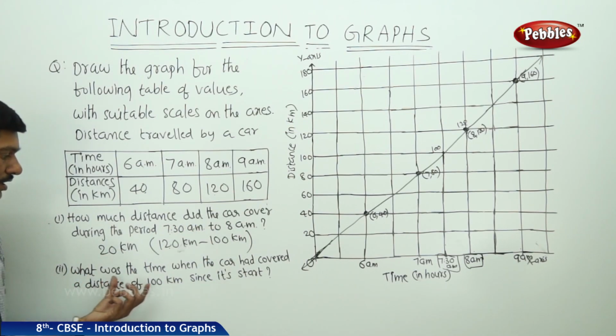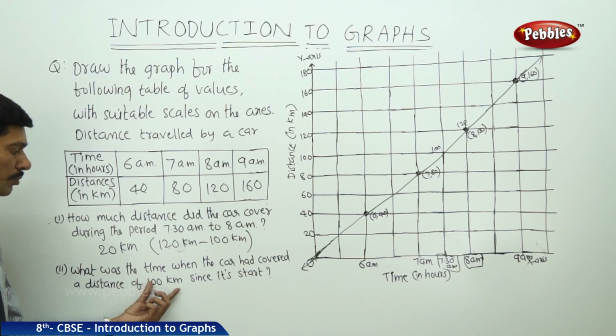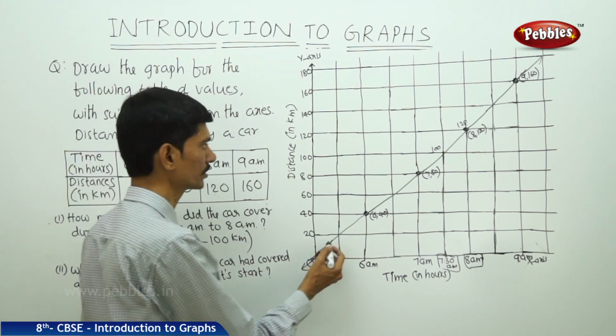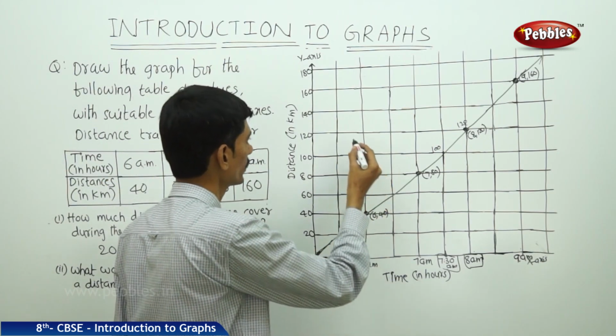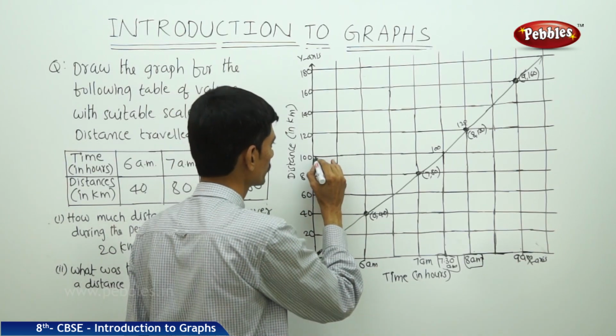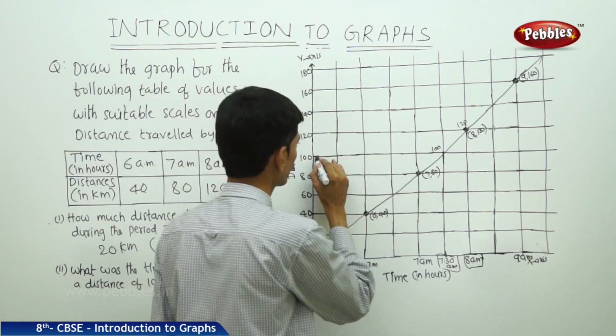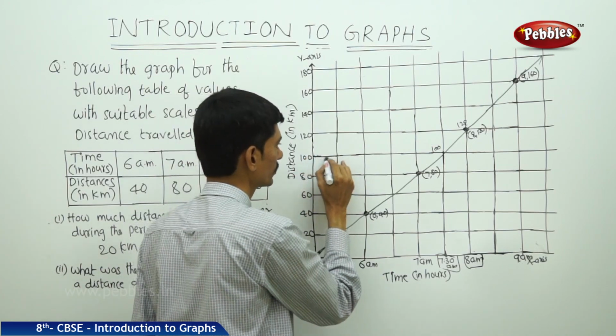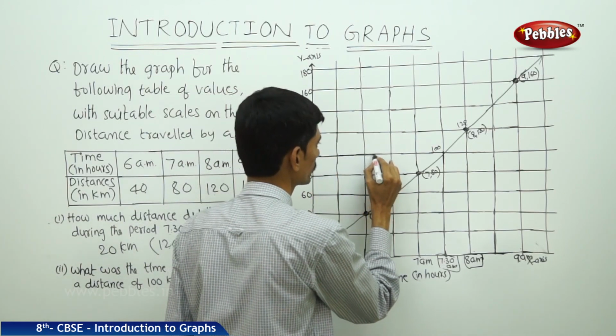Now what was the time when the car had covered a distance of 100 kilometers since its start? Where did it cover 100 kilometers of distance? From 100 kilometers on the vertical line, draw a horizontal line.